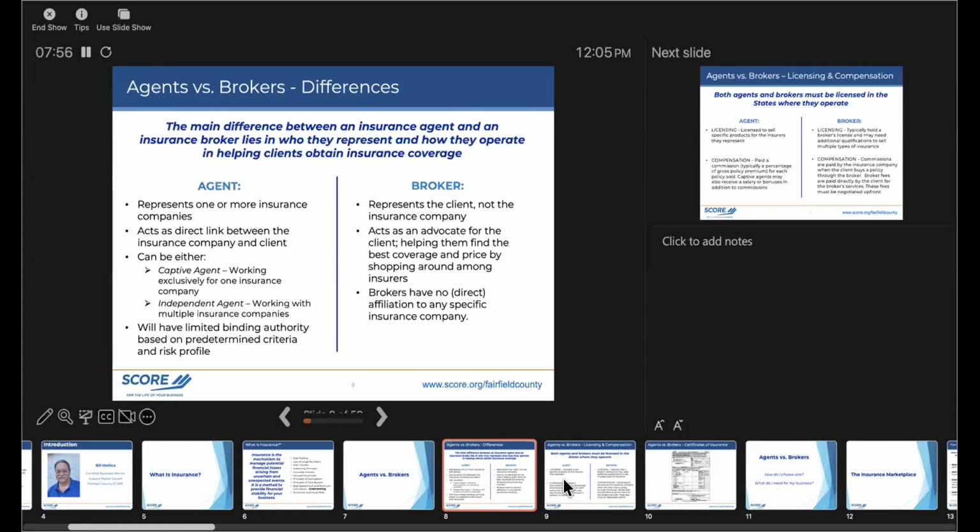A broker generally represents the client, not an insurance company, and advocates for the client, helping find the best coverage and price. That's sort of your uncle in the business to help you shop and find a good deal. Brokers typically have no direct affiliation with a specific insurance company, whereas agents would be, for instance, a State Farm agent or a Nationwide agent.